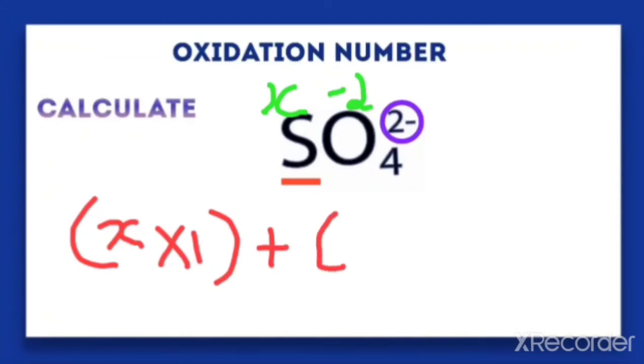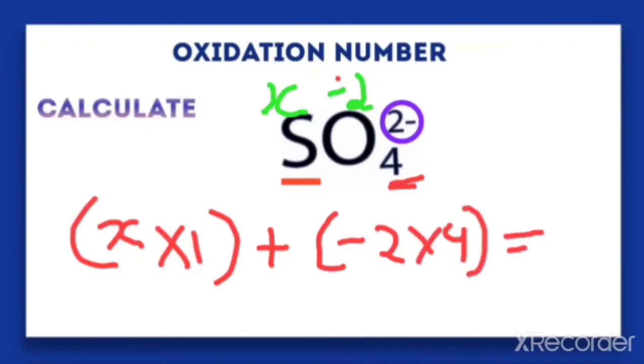What is the oxidation state for oxygen? That is -2, that we have written here with green. That is the individual oxidation state -2. But how many oxygens are here in this ion? 4 oxygens are there. Therefore, into 4 we need to do, and that is equal to the overall charge for this one, that is -2, as it is given.